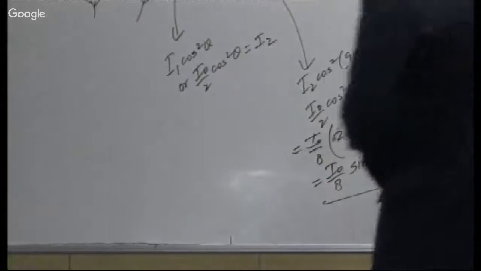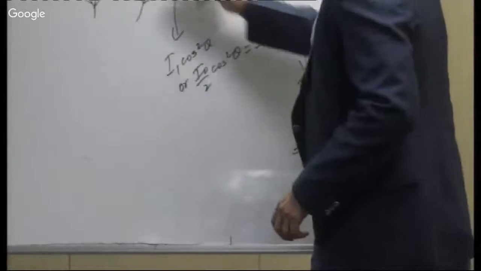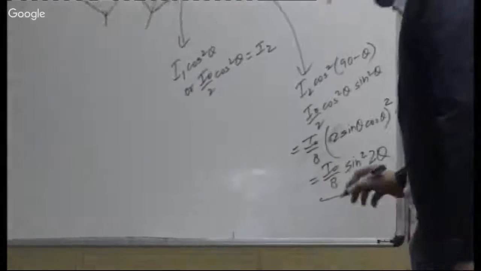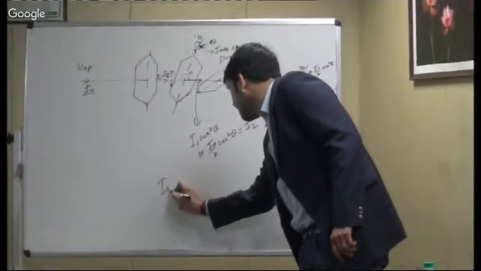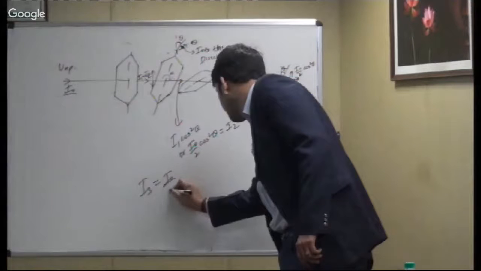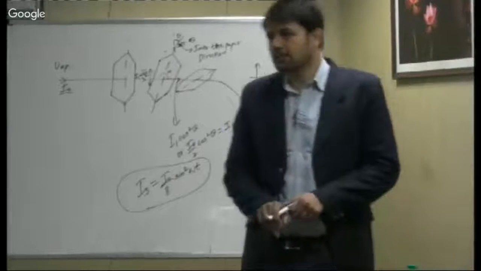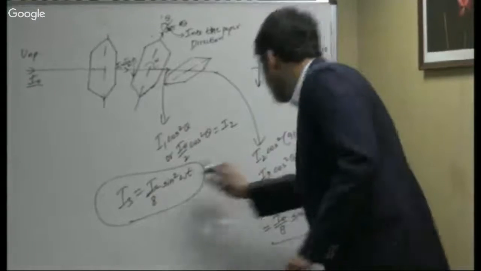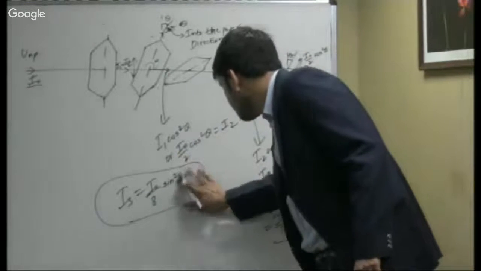If the polaroid is rotating with an angular velocity omega, theta would be omega t. We can replace it. Final intensity I3 would be I naught by 8 sine square 2 omega t. And you know when the intensity would be maximum?